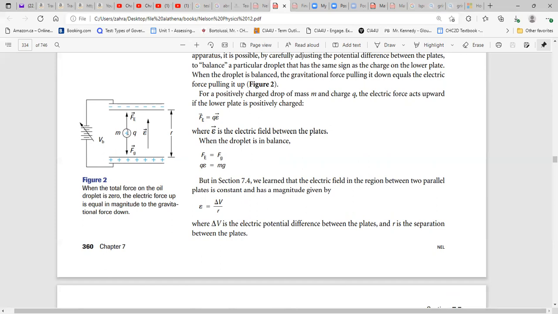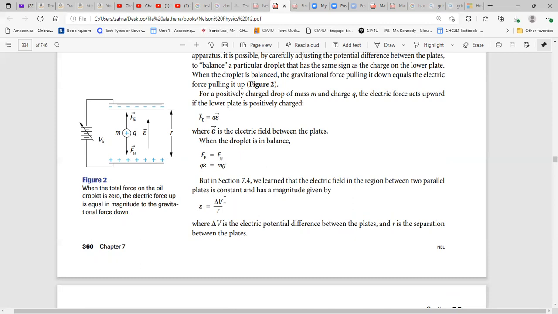So this experiment helps us find how much charge is on this drop. We know the force of electricity is Q multiplied by the electric field. Also, we know the force of gravity is mg. Since these two forces need to cancel, F of E is equal to F of g. F of E is QE, F of g is mg.